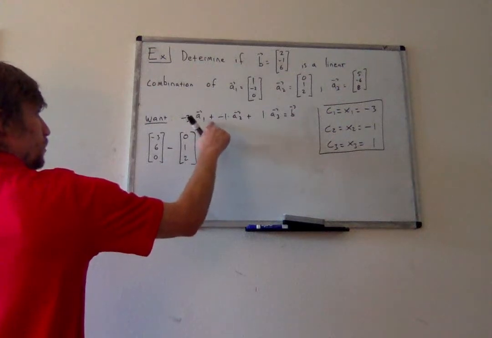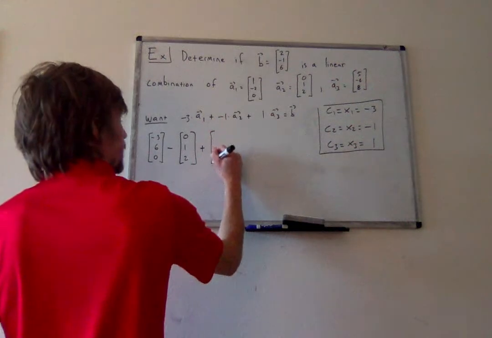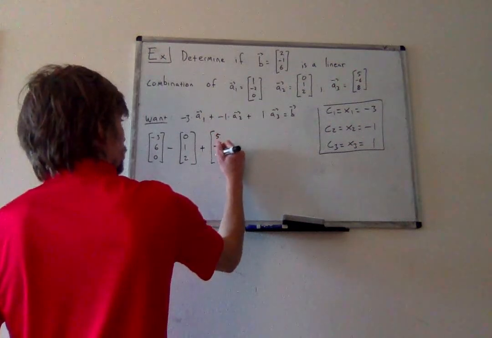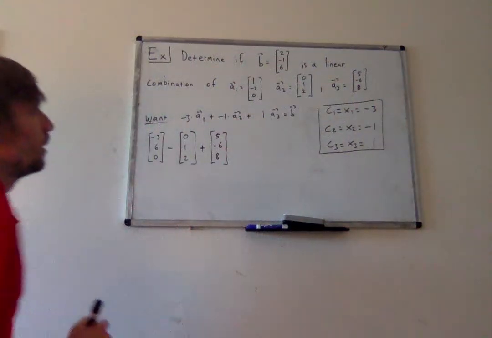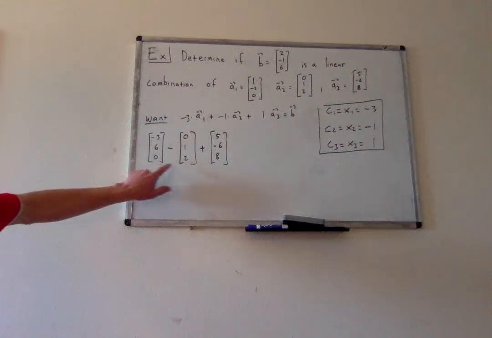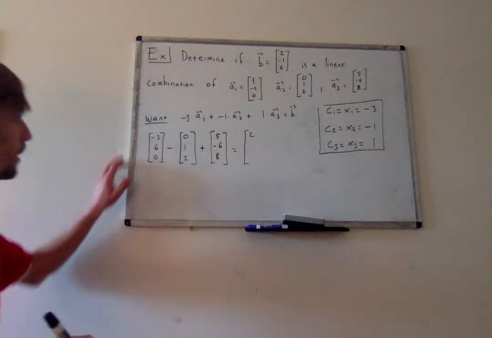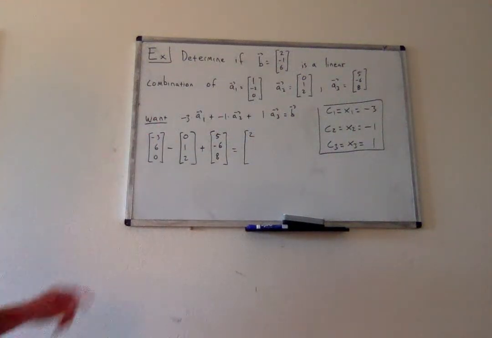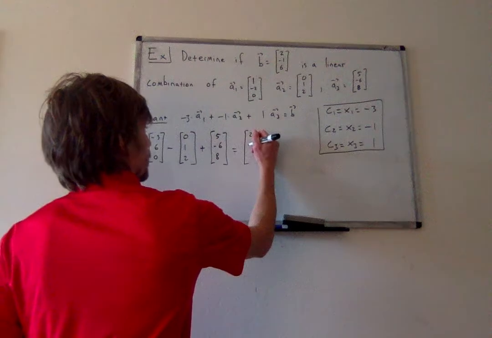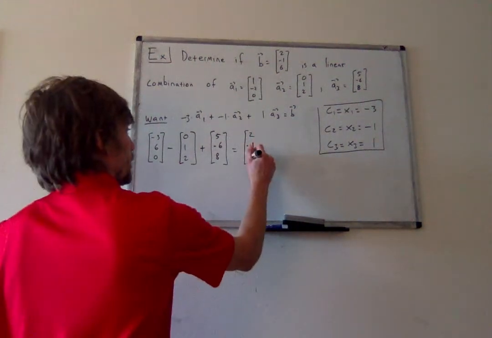And notice this is because I'm doing plus -1 times a2. Now I just want to add 1 times a3, and so that should just return a3. All right? And so if I did everything correctly, I get -3 plus 5 is equal to 2, 6 minus 1 minus 6 is equal to negative 1, and 0 minus 2 plus 8 is equal to 6.